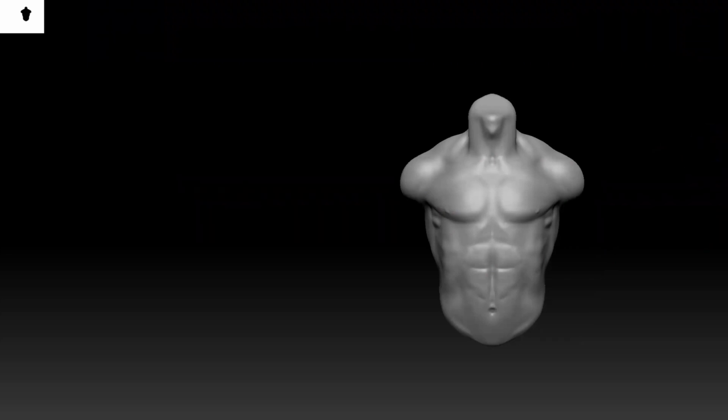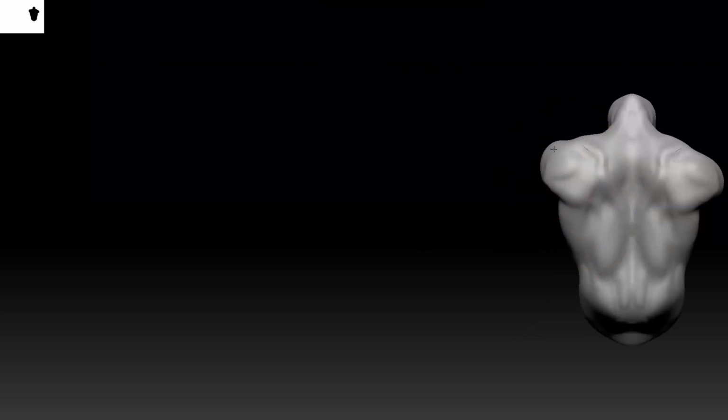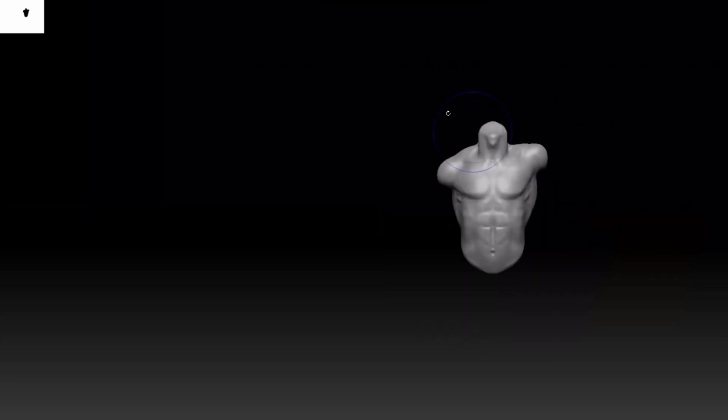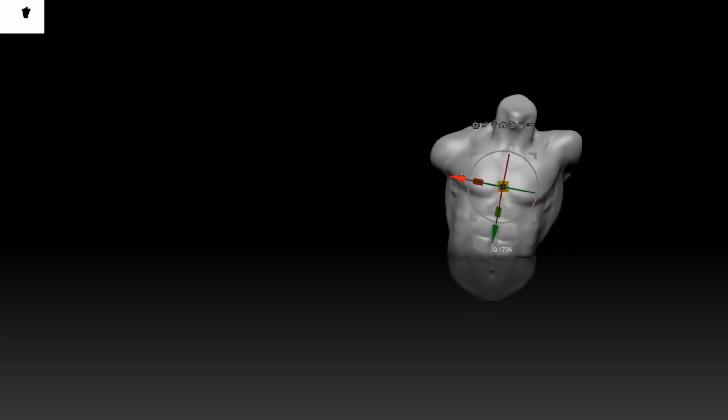So let's just pose this guy so that we can talk about that. We'll lift his arm up, something like this, and then we'll dip him to one side. Something like this.